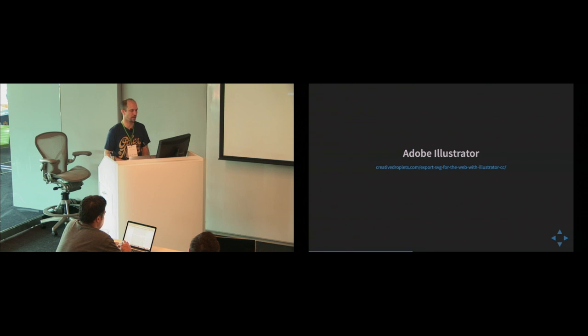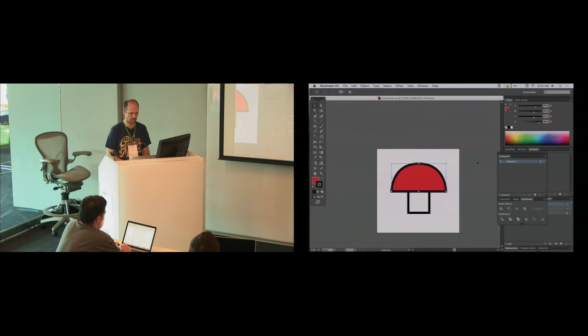There's a great blog post on all the details of exporting. I want to just do a quick example of working with an SVG. So Adobe Illustrator to export to SVG.